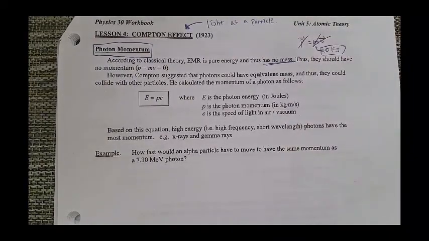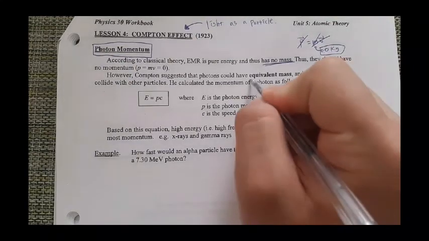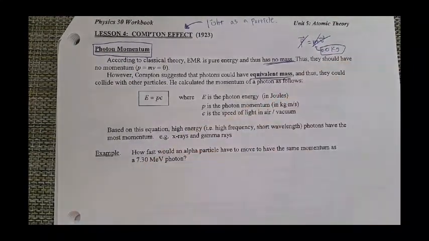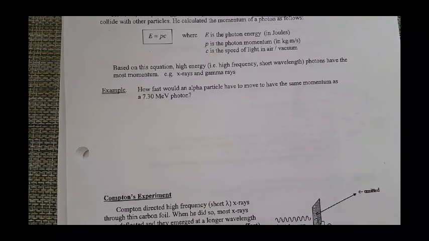Momentum doesn't exist. However, Compton suggested that a photon could have equivalent mass, and therefore they could collide with other particles. And he calculated the momentum of the photon as follows: E = pc.